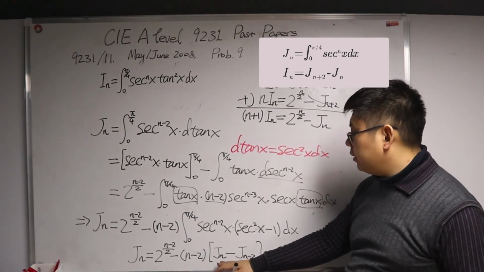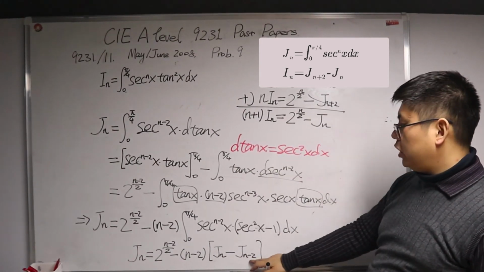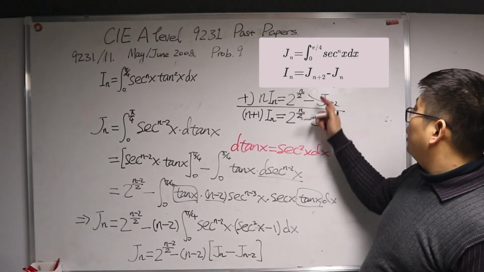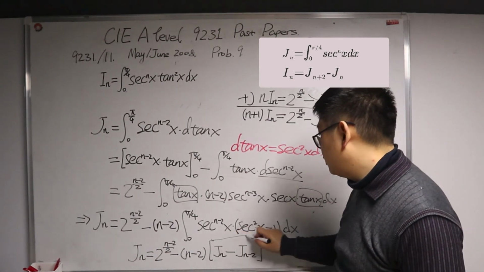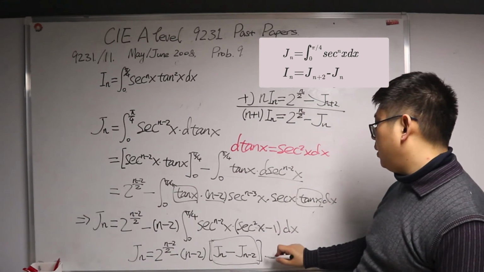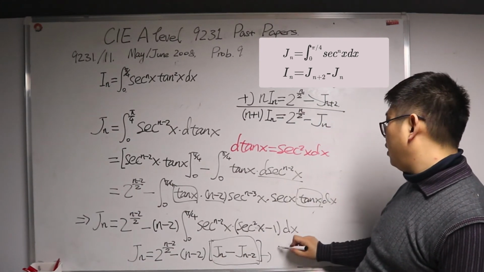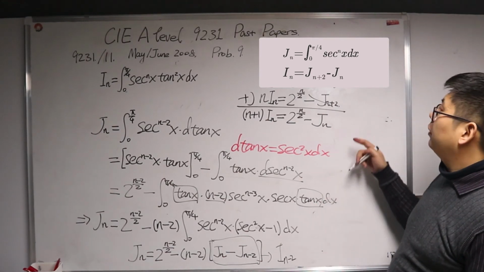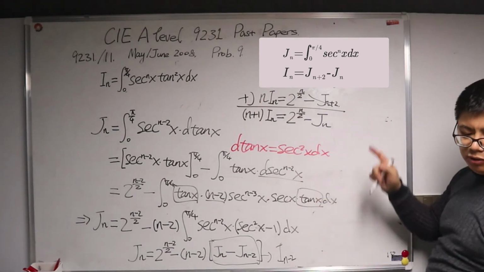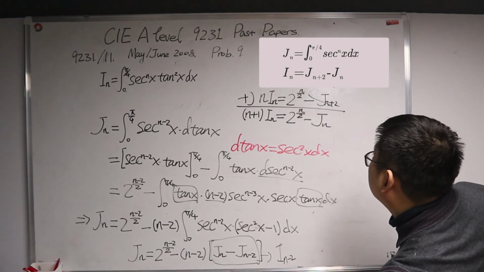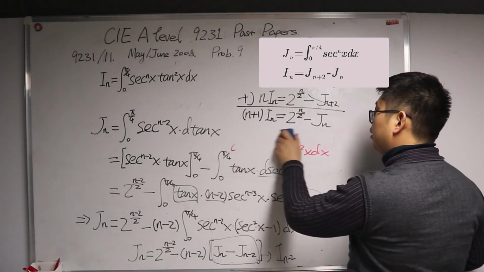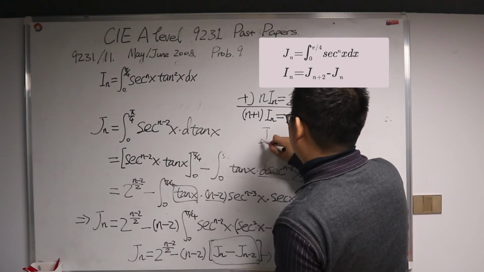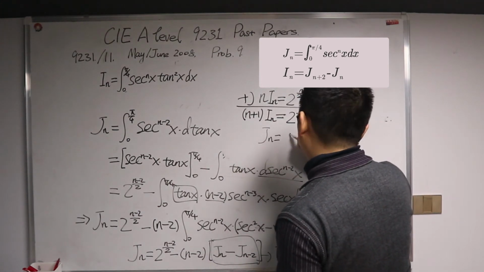But this part, Jn minus 2, is nothing more than In minus 2, because we have this one, right? So now we know that Jn is this.